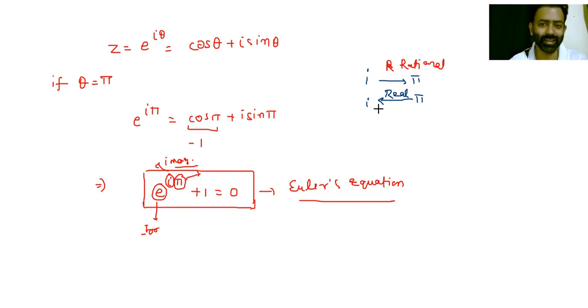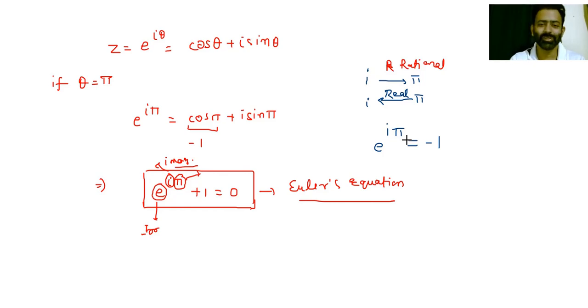Then comes e. What e is saying to i and pi is, combine with me like this and we will become 1. It means you can transfer this plus 1 to the RHS, so it is saying that we will become 1, and this minus sign is read as a dash.